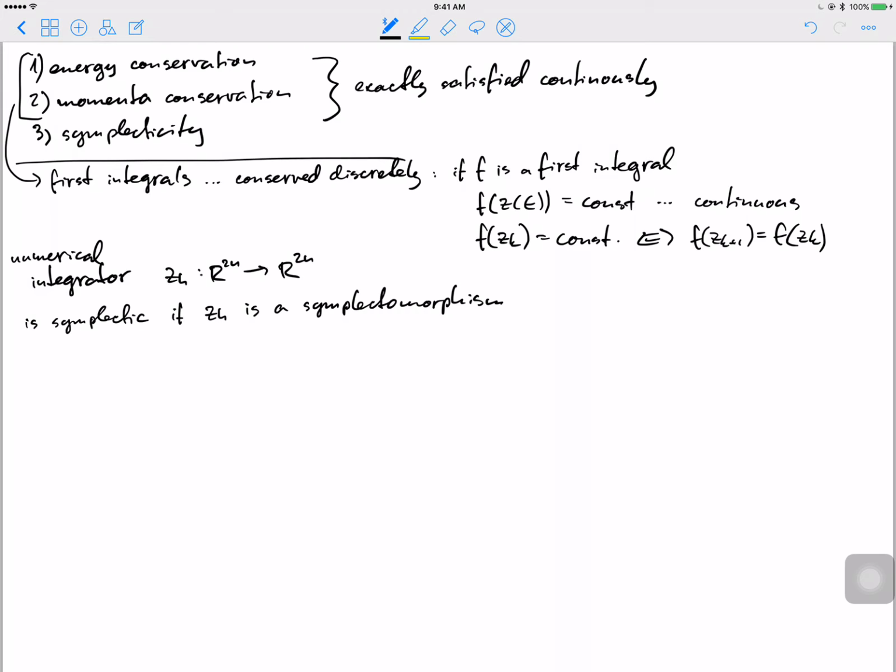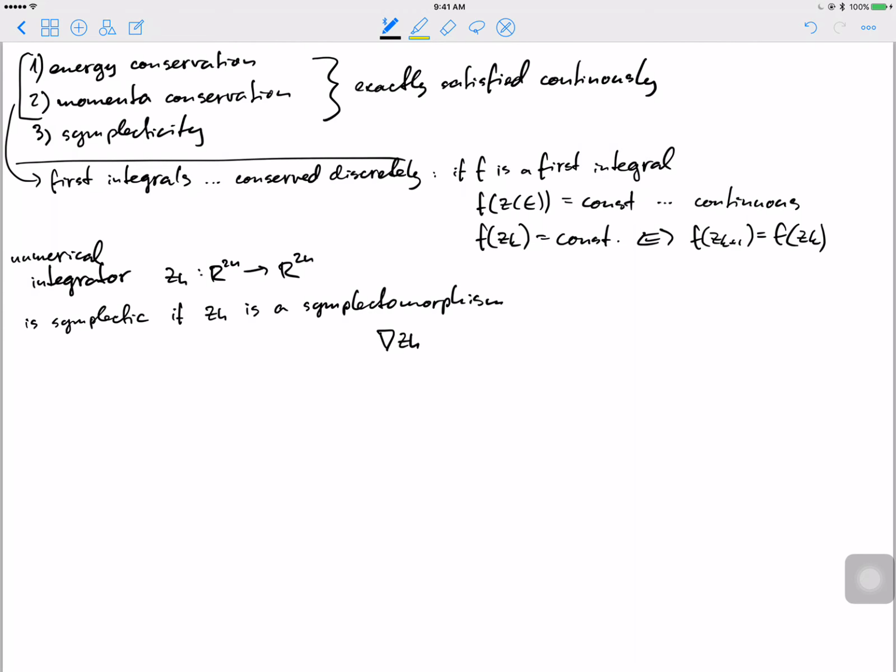Symplectomorphism is a special case of diffeomorphism. Those of you who do medical imaging have heard about diffeomorphisms. What is a diffeomorphism? That's a smooth mapping, which is a bijection, and its inverse is differentiable. Symplectomorphism is a special case of diffeomorphism, so it needs to be a diffeomorphism which satisfies this additional constraint.